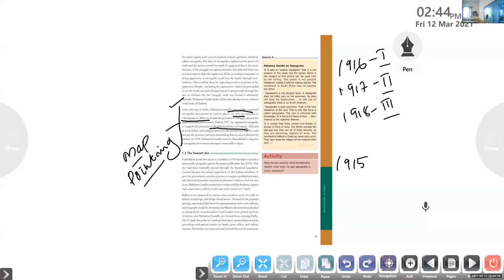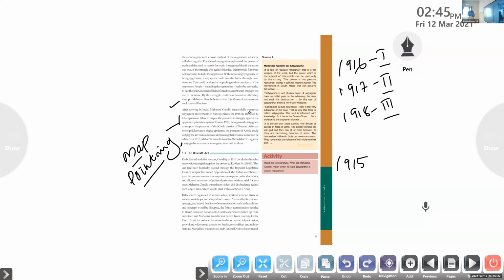Because of diseases and problems, the farmers failed to pay revenue to the government, so the government made a number of troubles for the farmers. To protect the farmers, Gandhi organized the Satyagraha in Kheda in 1917.